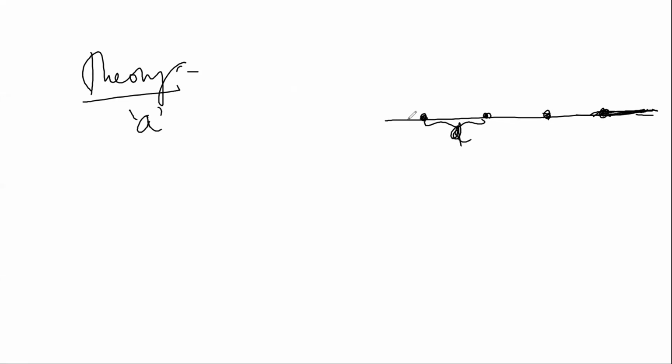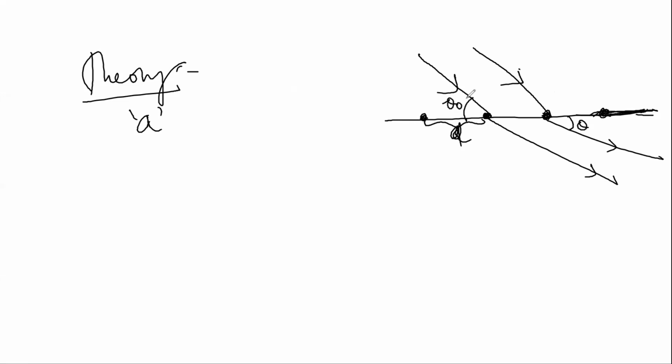Now, suppose monochromatic X-rays are made to fall on this one-dimensional atomic lattice. What happens at this point? It gets diffracted in this way, and the other beam in this way. Let the angle with which the second ray is diffracted be theta, while my glancing angle is theta naught.